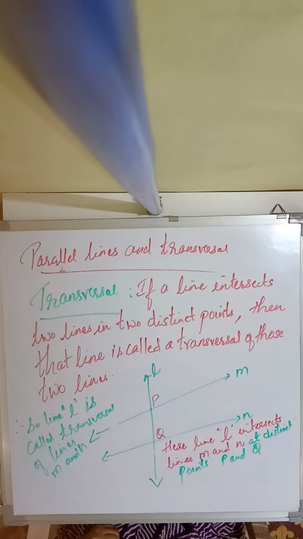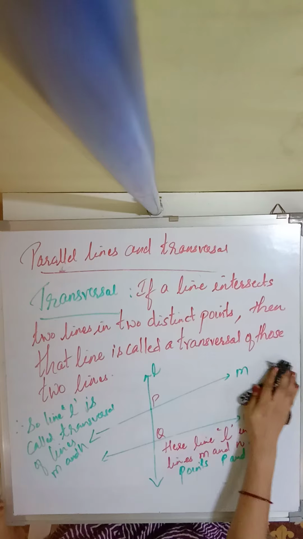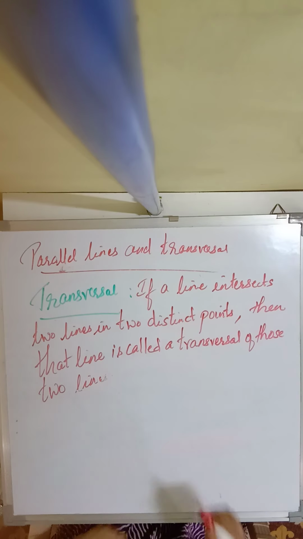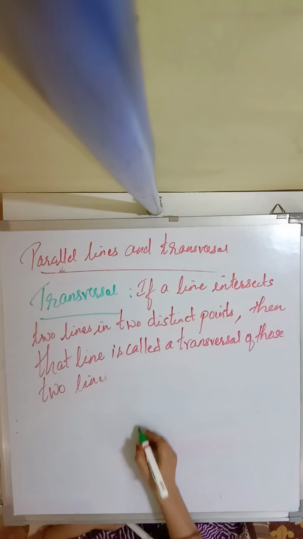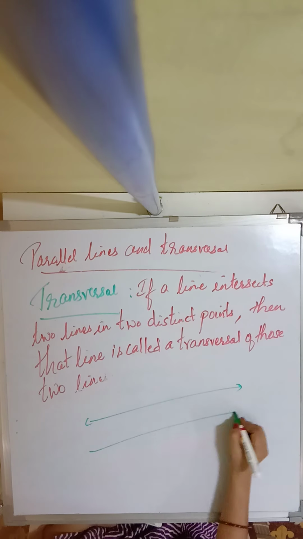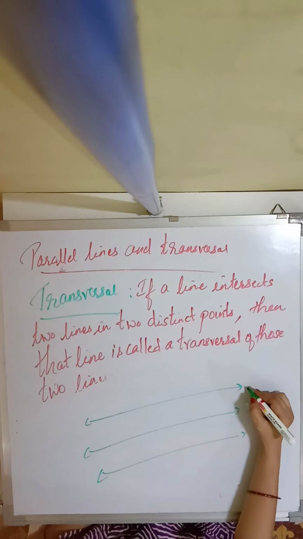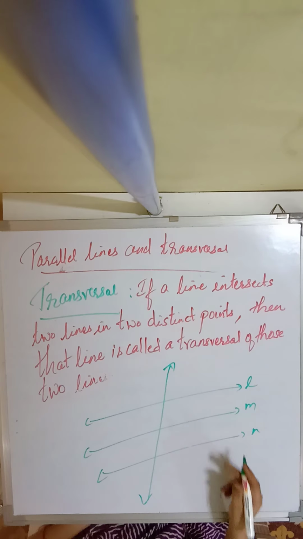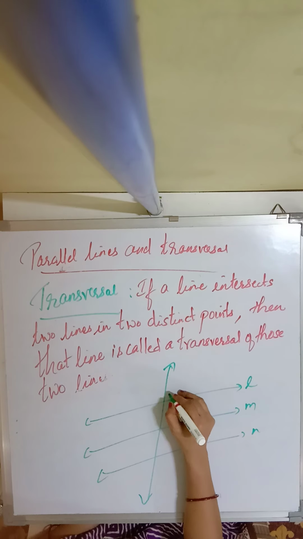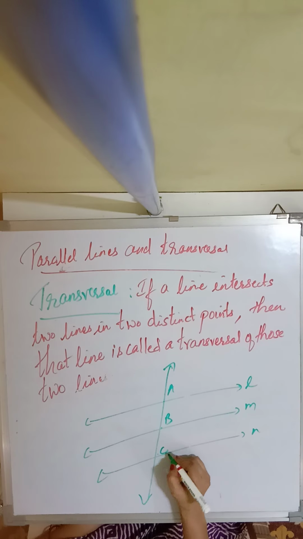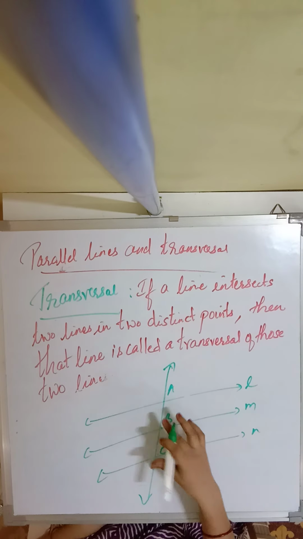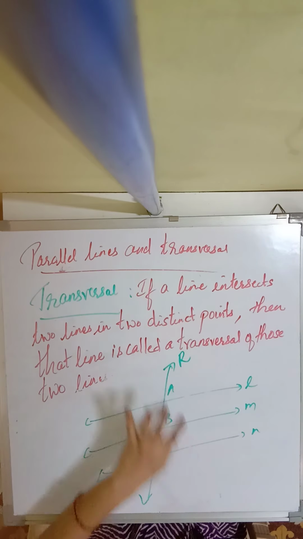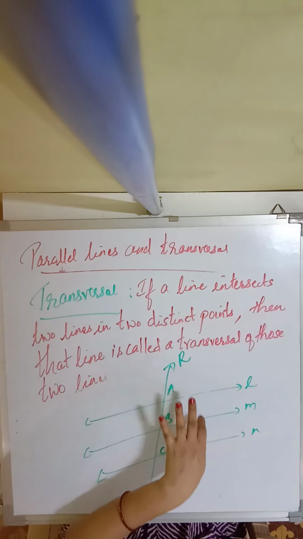Now P and Q you can see. Now one more figure I'll be drawing. Suppose here I am drawing three lines, say for example L, M, N, and one fourth line which is intersecting these lines at any points, say A, B and C. Then suppose I name this line as R, then R will be called a transversal for these three lines.